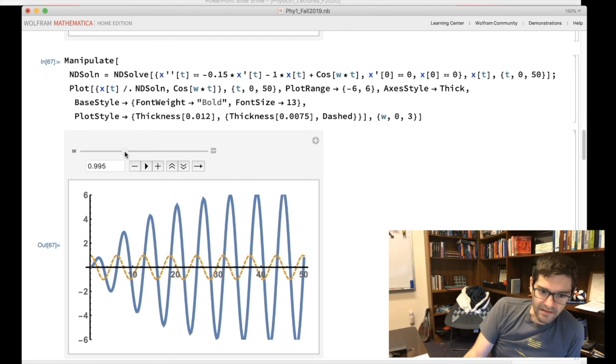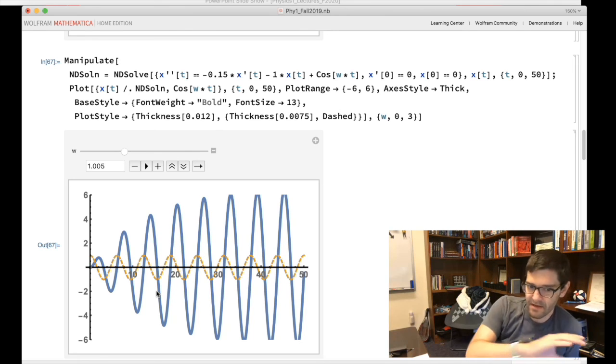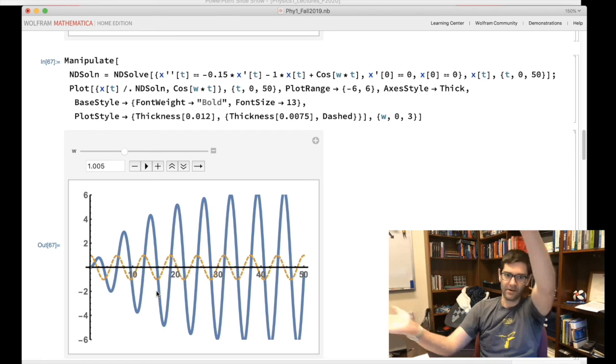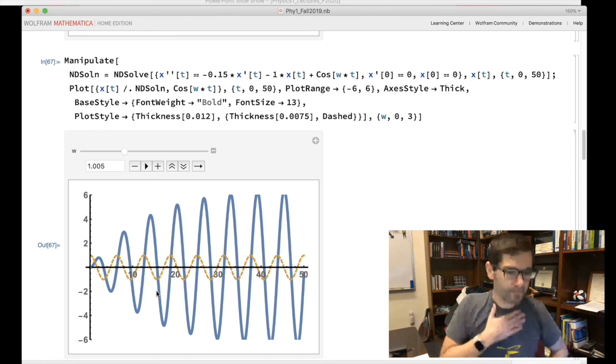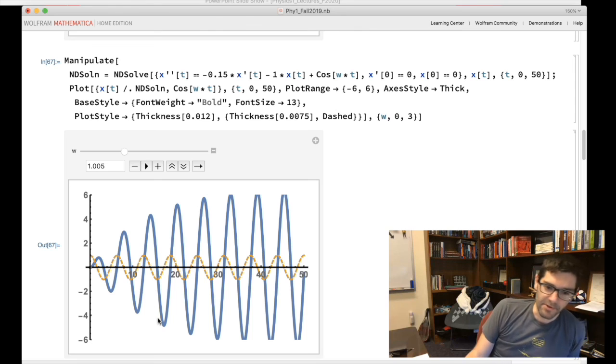If I did this at exactly 1 and zoomed out in time and zoomed up and down in the vertical axis, this wave would just get bigger and bigger as a result. The amplitude would grow without bound, in a sense. This would be completely unstable oscillatory motion.